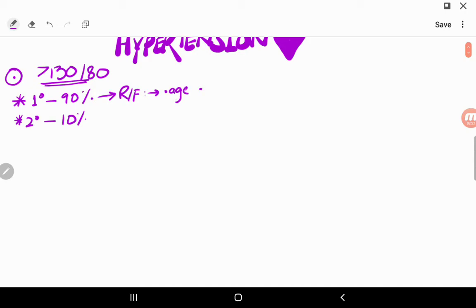Number 2 is if you have any family history, then you're more prone to developing hypertension. If you're obese, there are more chances. If you're physically inactive, then yes. And excessive salt intake, etc. There are other risk factors as well.